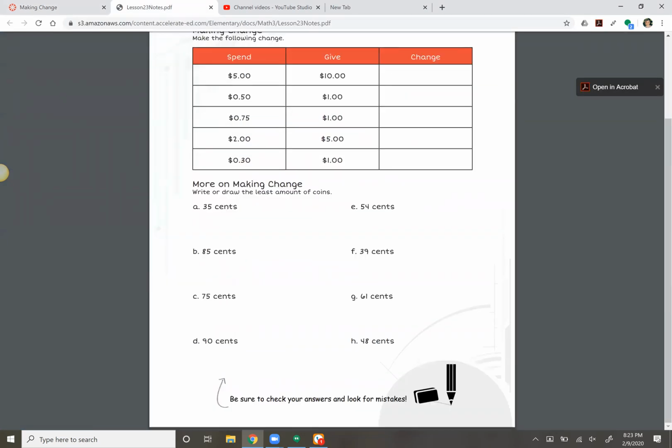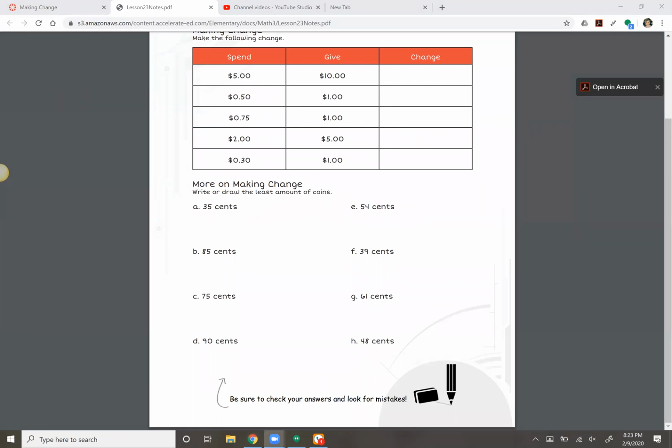So, that's more on making change down here. So, there are many, many ways to make these. And there's no wrong answer, but we are looking for the least amount of coins. So let me annotate again.